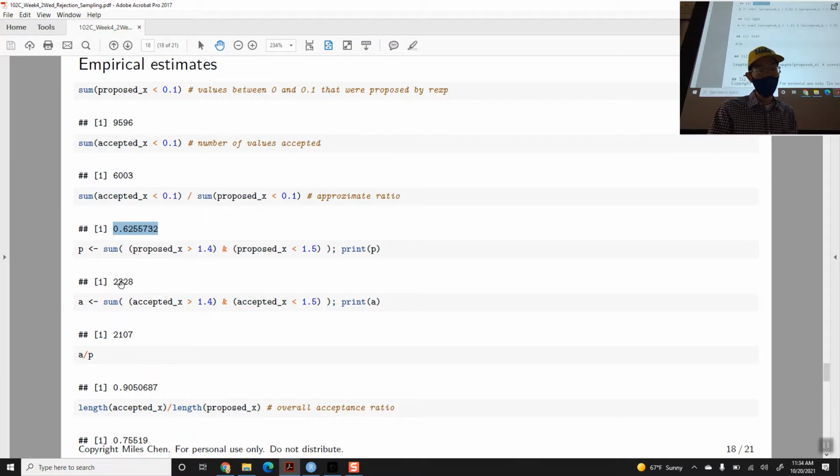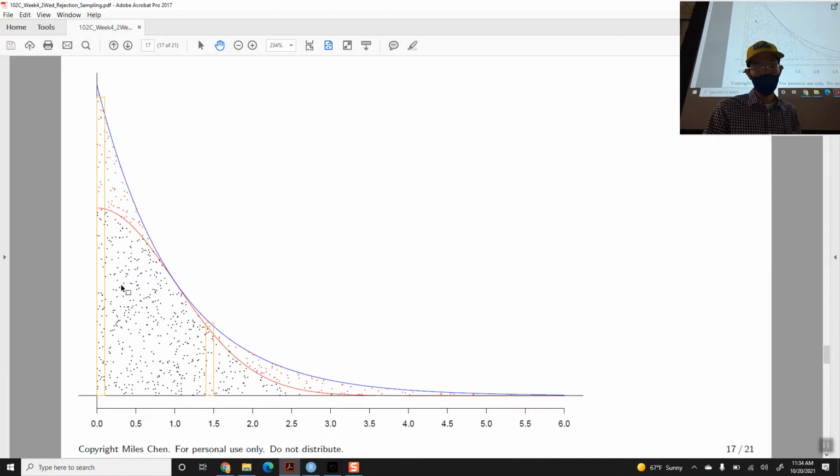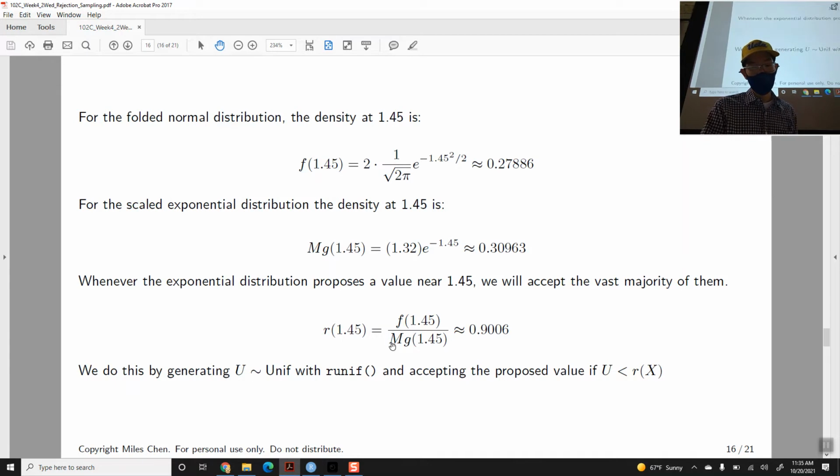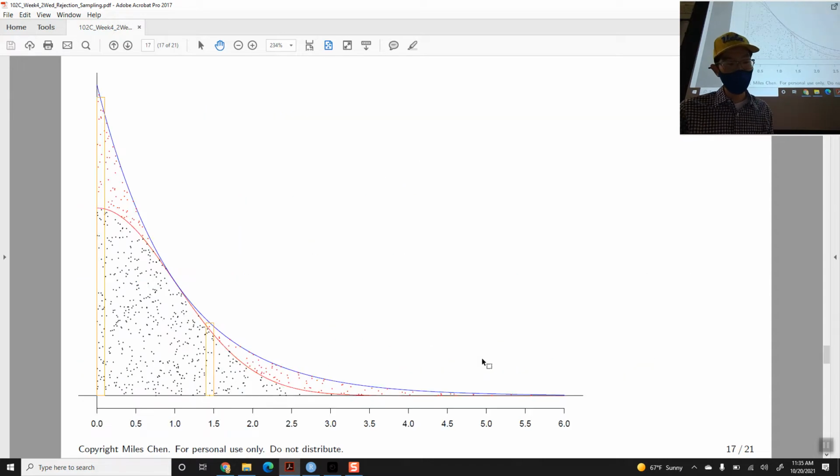Okay, how many values did I propose between 1.4 and 1.5? I proposed 2,328. Of those, how many did I accept? I accepted 2,107. And that's an acceptance ratio of around 90.5%, which agrees quite closely to the theoretic ratio that I should accept for values around 1.45.